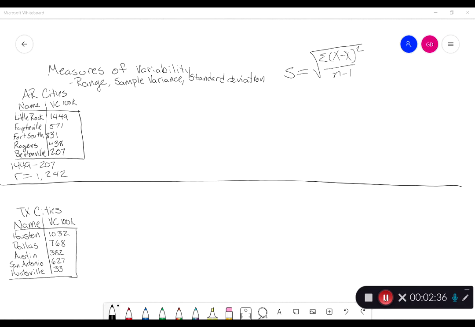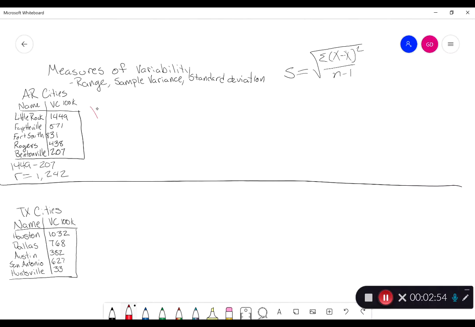The next step, if you look at the standard deviation equation, is that we need to know the mean value and be able to subtract it. So I'm going to switch my color over to red to make it more identifiable. Remember, for the mean, we want to add all the values together, then divide by the sample size.